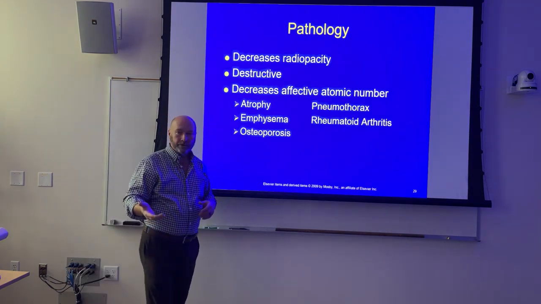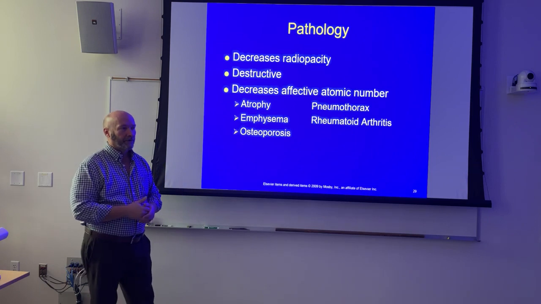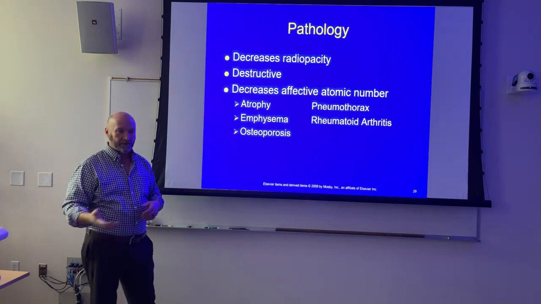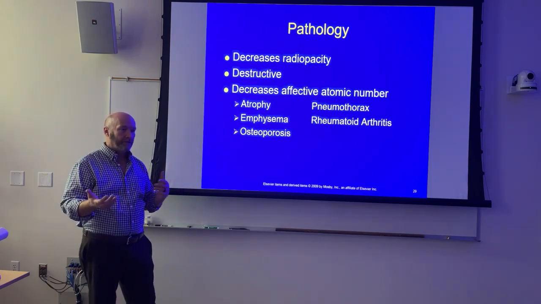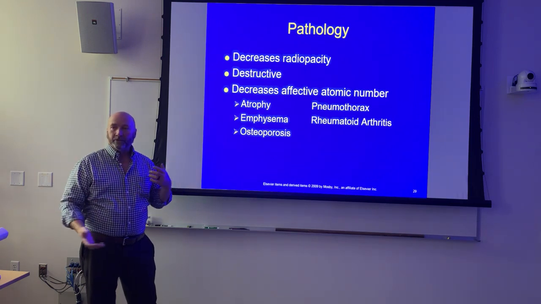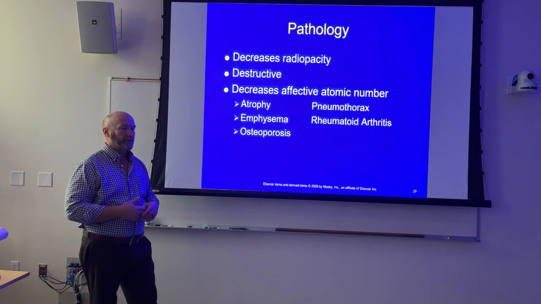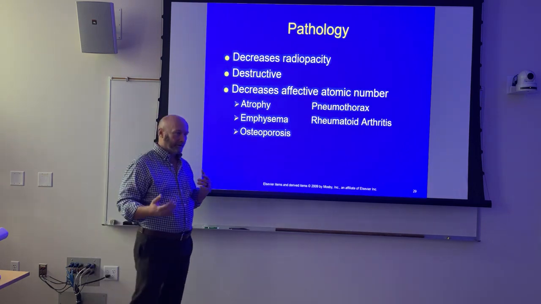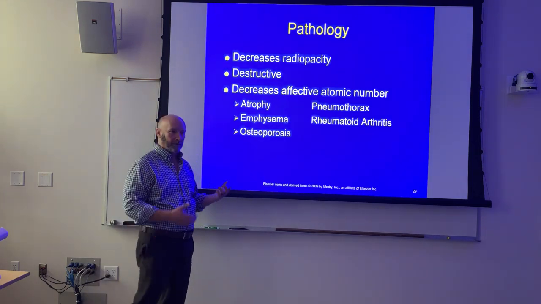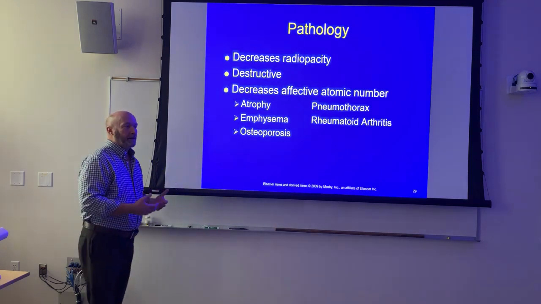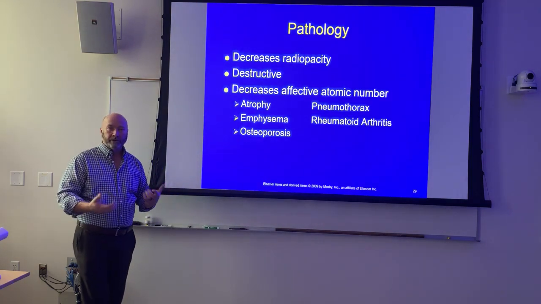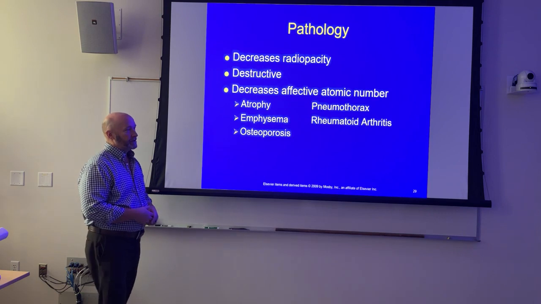So you've got osteoporosis, and you've got a couple of different things going on there. You have pathological osteoporosis, where you have somebody who's probably postmenopausal and they're undergoing osteoporosis. The bone that gets reabsorbed essentially doesn't get put back into the bones, and you get a loss of bone mineralization.